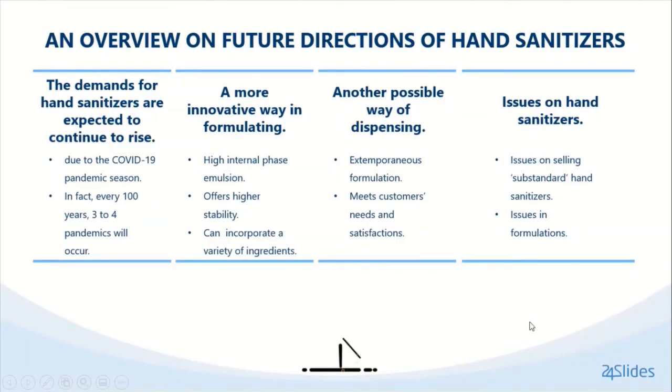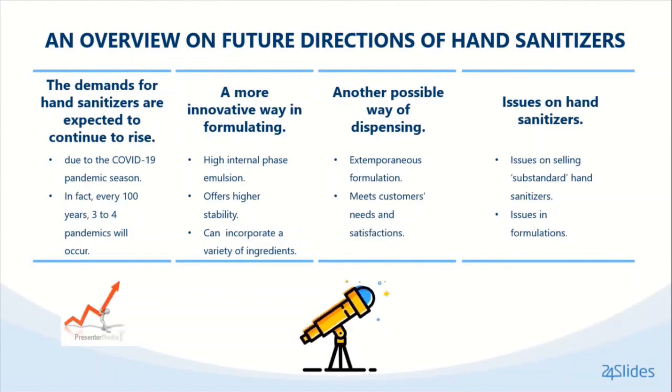So now, let's go into our last section, which is an overview on the future directions of hand sanitizers. As we all have known, the demand for hand sanitizers is expected to continue to rise due to the unforeseen COVID-19 pandemic seasons. Besides, based on epidemiology, 3 to 4 pandemics will occur with the emergence of new viruses or pathogens to which humans are vulnerable.